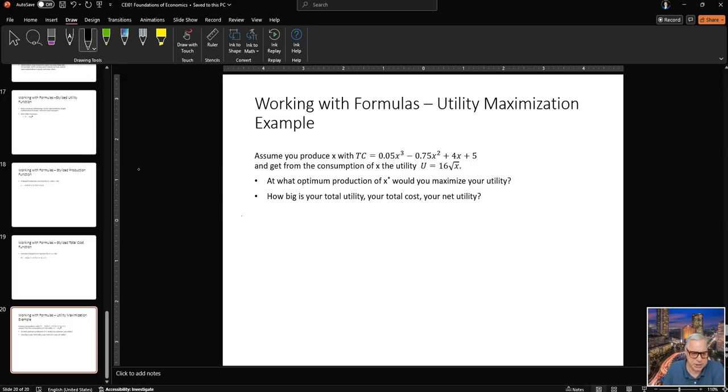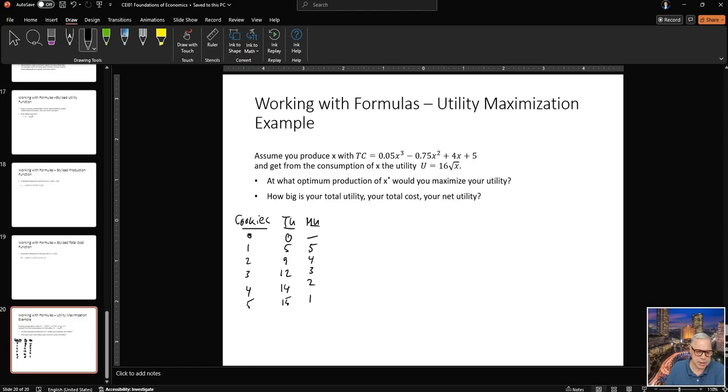So if you remember, we started out by saying the cookies we can have 0, 1, 2, 3, 4, or 5, and then the total utility was 0, 5, 9, 12, 14, 15, and the marginal utility was 5, 4, 3, 2, 1.